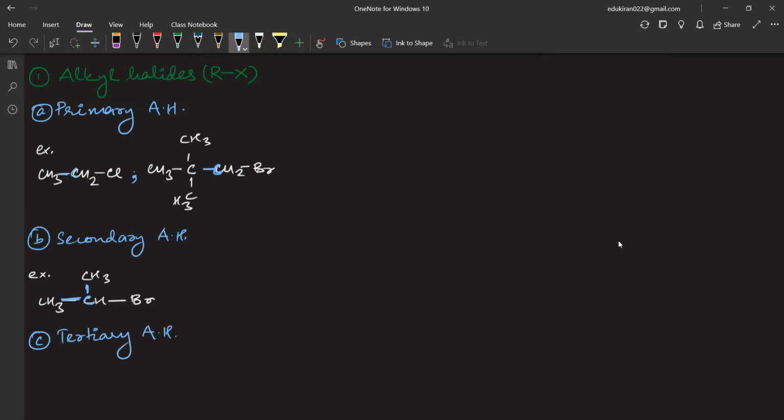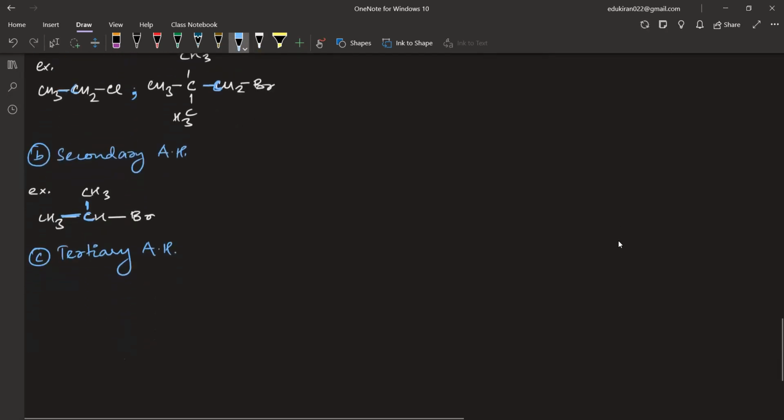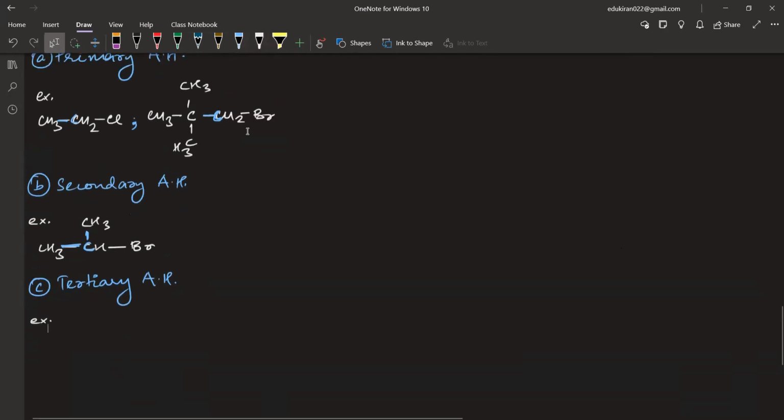Right, the third one, tertiary alkyl halide. I hope all of you are clear with primary, secondary, and tertiary. I don't think you will have much problem here. Still, I'm writing some examples. Keep writing with me. Just the example: CH3, CH3, CH3, and this is further connected to, let us say, Br.